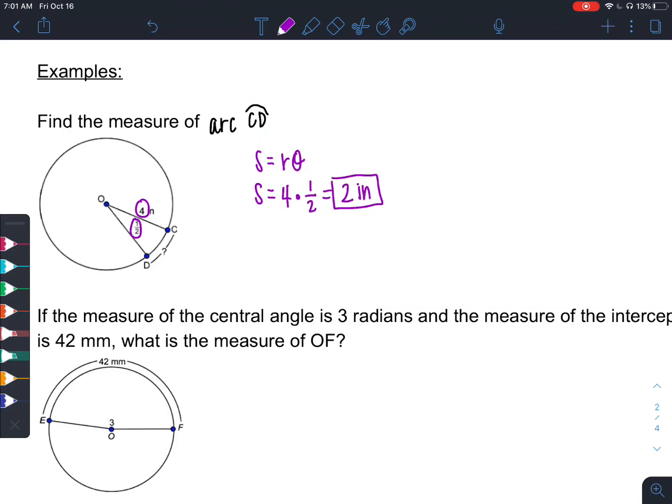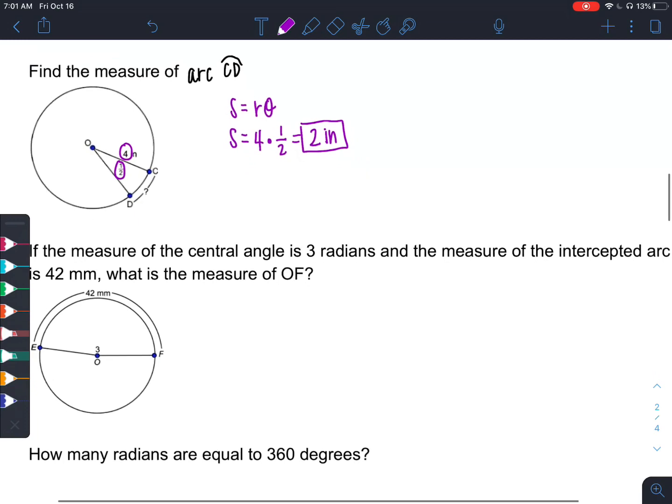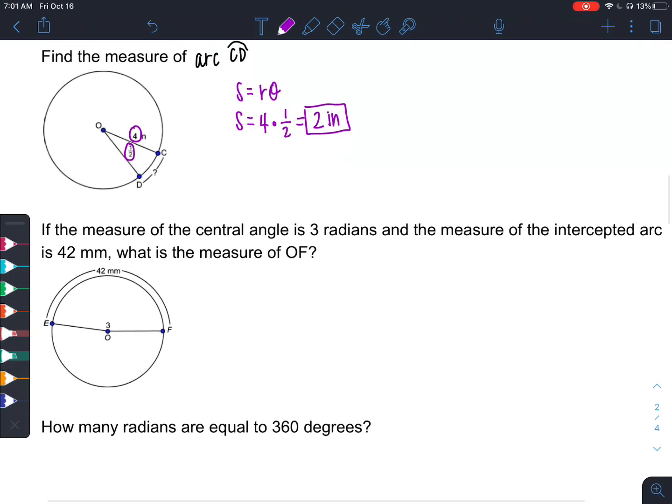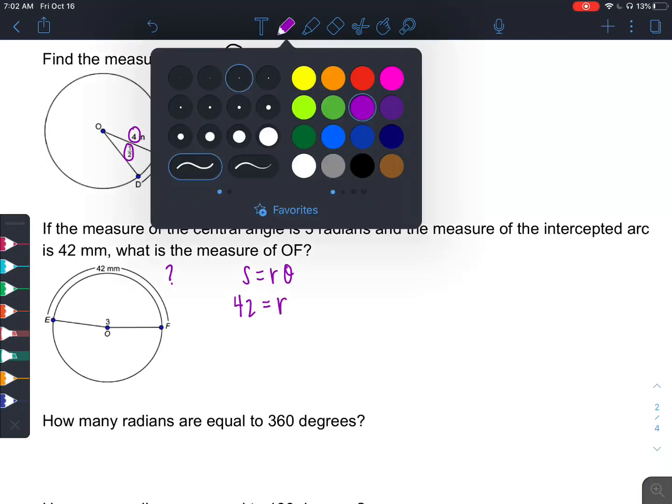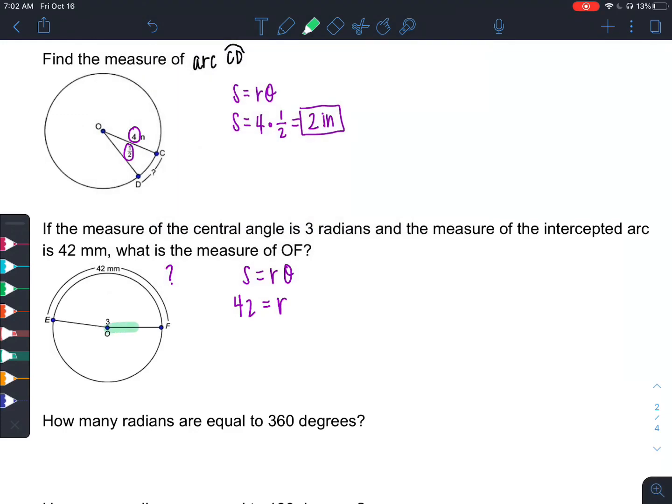Pretty easy. So this one asks, if the measure of the central angle is 3 radians and the measure of the intercepted arc is 42 millimeters, what is the measure of OF? Go ahead and do that one on your own. So we have our formula, s equals r theta. This time our intercepted arc is 42 and our radius is unknown because our OF is this right here.